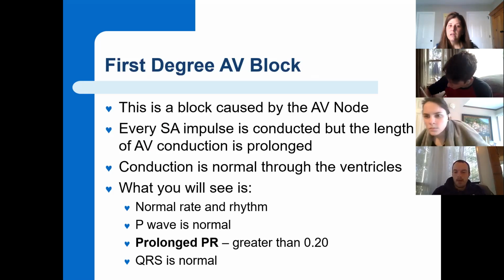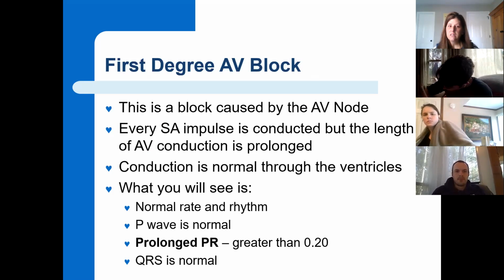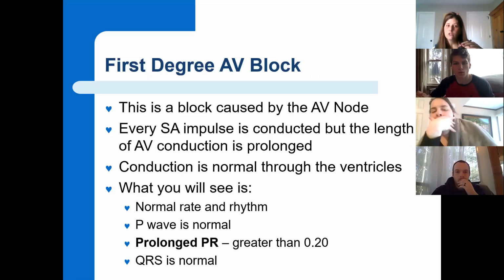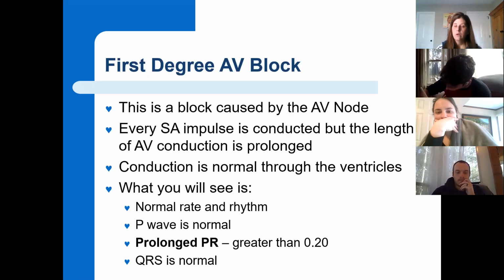So the SA impulse is conducted, but the length of the conduction from the top of the atria where the SA node is to the bottom of the atria where the AV node is prolonged, okay? So we're going to have a longer PR interval. QRS is going to look perfectly normal.